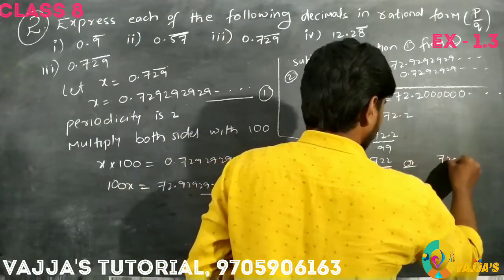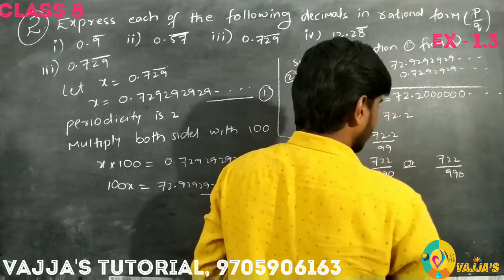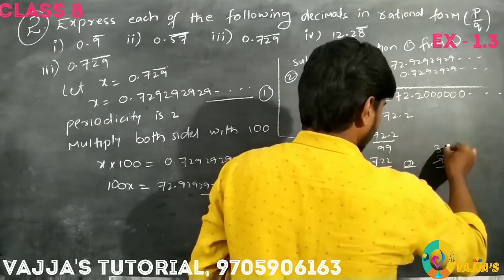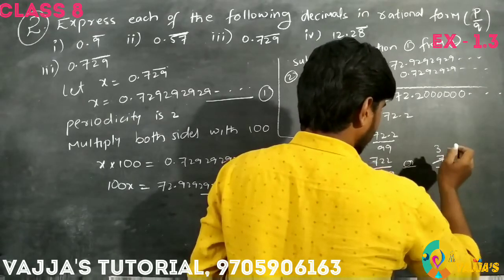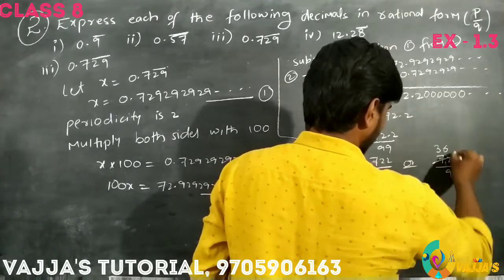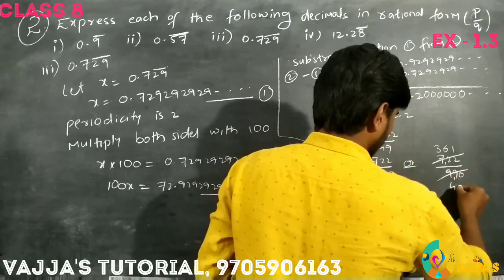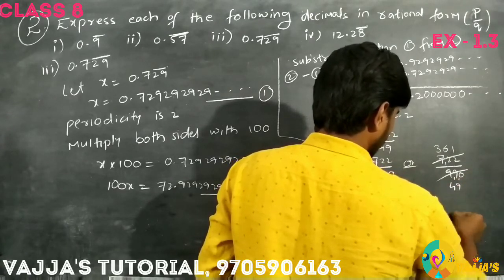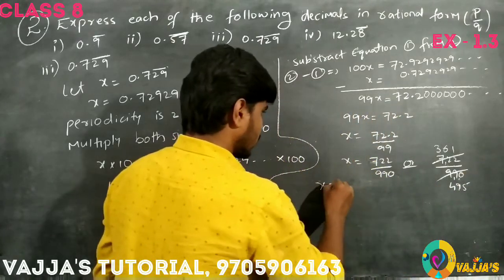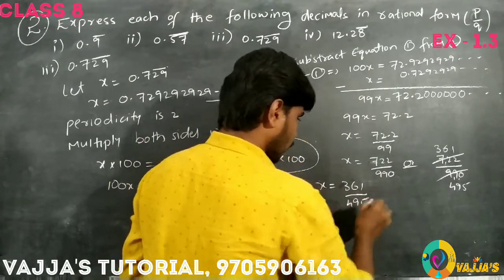Okay, right. So we can simplify this also. Okay, 722 by 990. So 2 3s are 6, sorry, right, 2 3s and 2 6s, 2 1s, 2 4s, 2 9s and 2 5s. Okay, so what becomes? x is equal to 361 by 495.